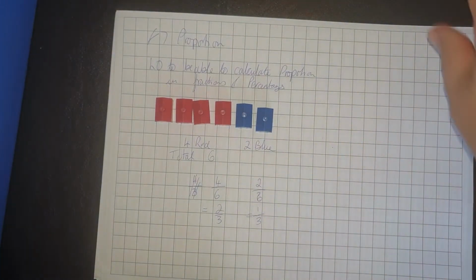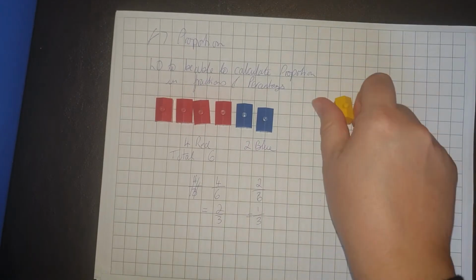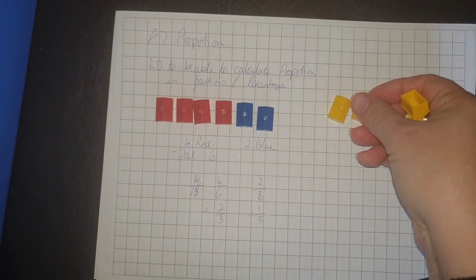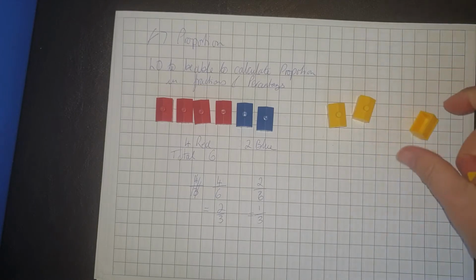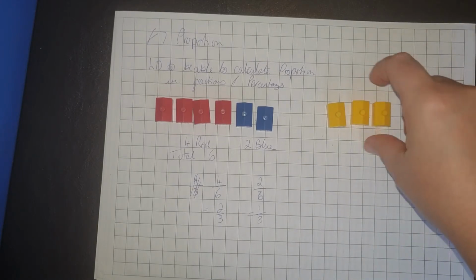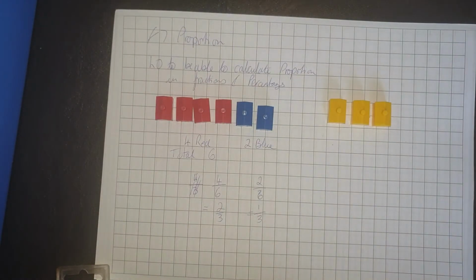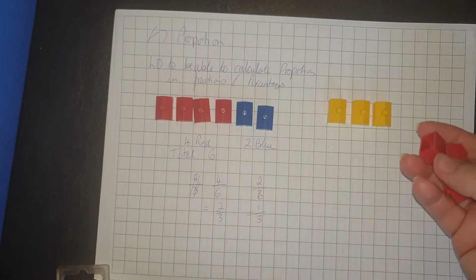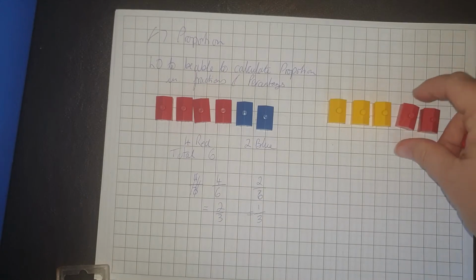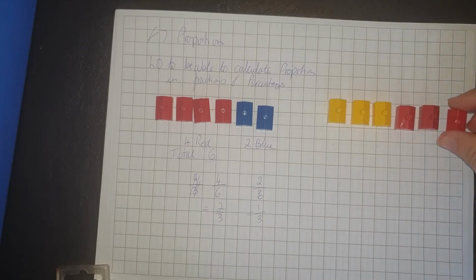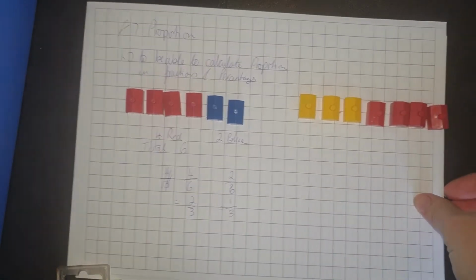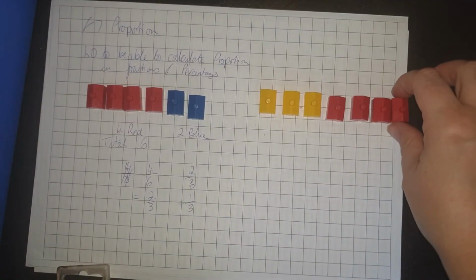This time we have 3 yellow houses, and we have 4 red houses.